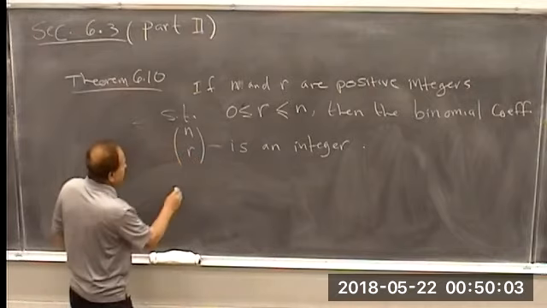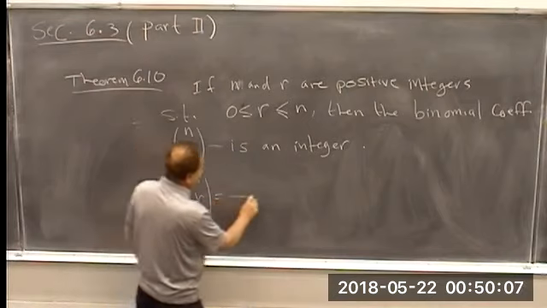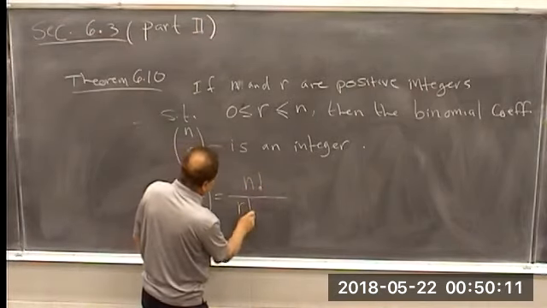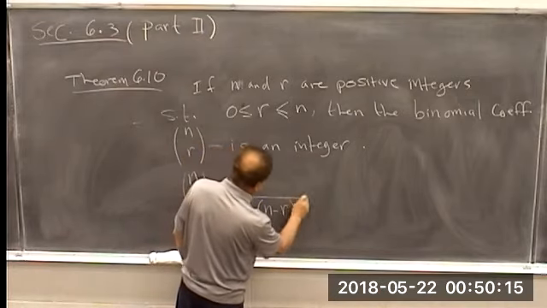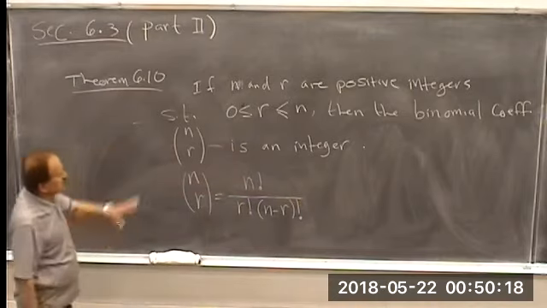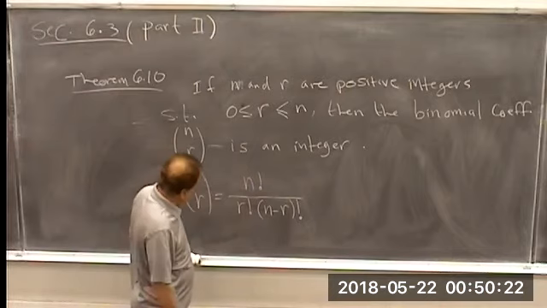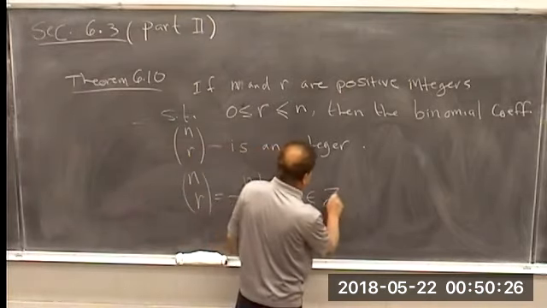Now remember that n choose r is equal to n factorial over r factorial times n minus r factorial. Okay, so we're going to show that actually this fraction looking number is in fact an integer. So this is positive.